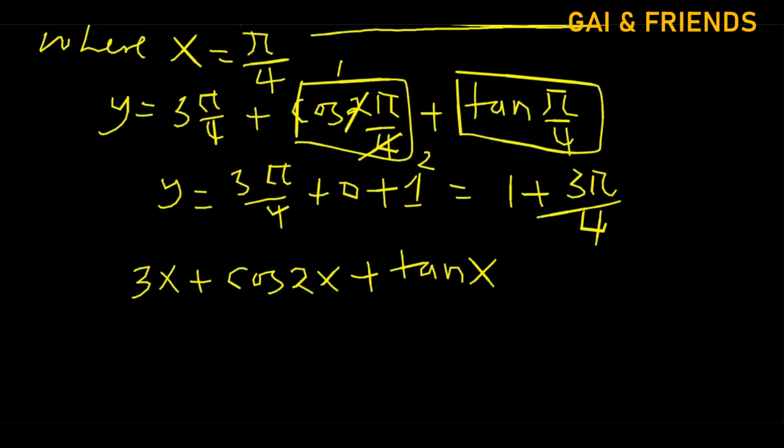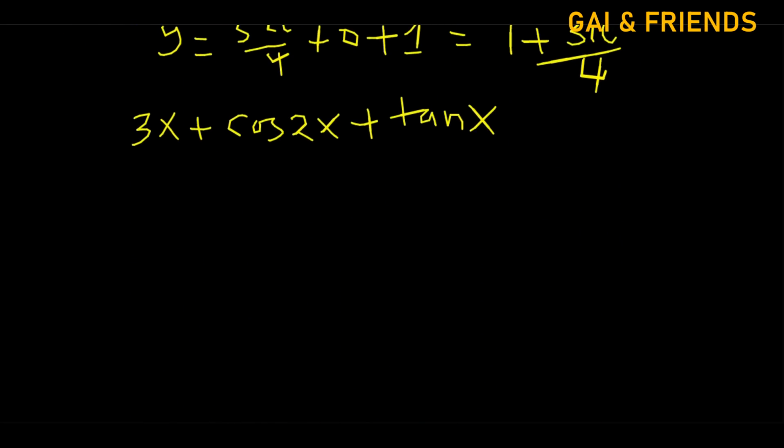So you need to find the derivative of this equation. The derivative of 3x is 3. The derivative of cosine 2x is negative 2 sine 2x. The derivative of tangent x is secant square x.